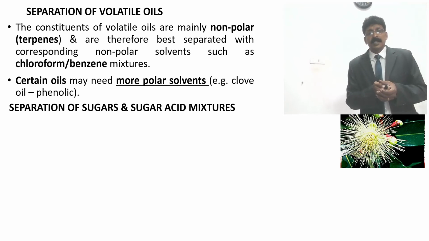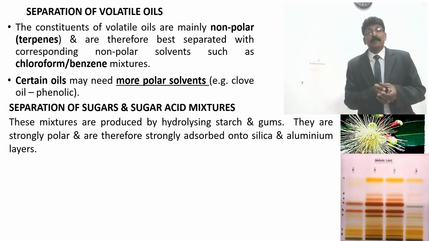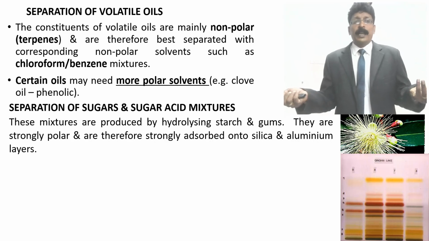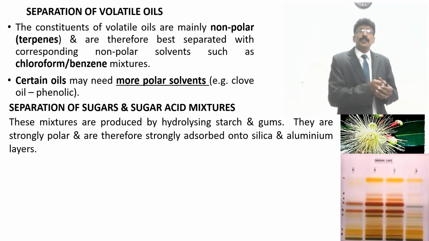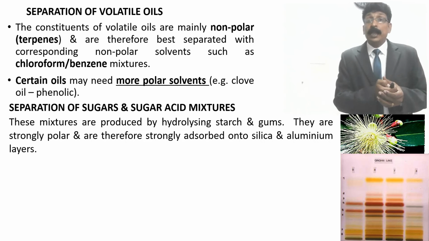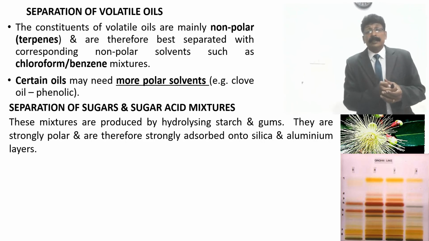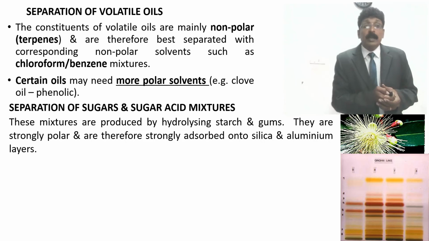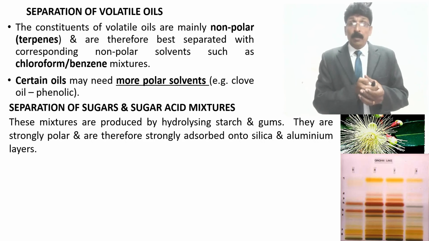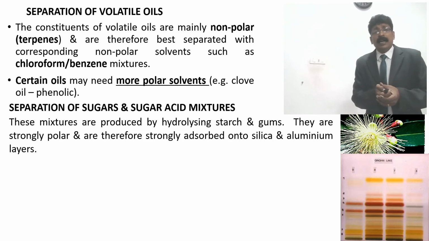Separation of sugars and sugar acid mixtures. Sugars, carbohydrates. These mixtures are produced by hydrolyzing starch and gums. Polysaccharides can be made into monosaccharides, disaccharides or trisaccharides. They are strongly polar, soluble in water, and therefore strongly adsorbed on silica and alumina layers.